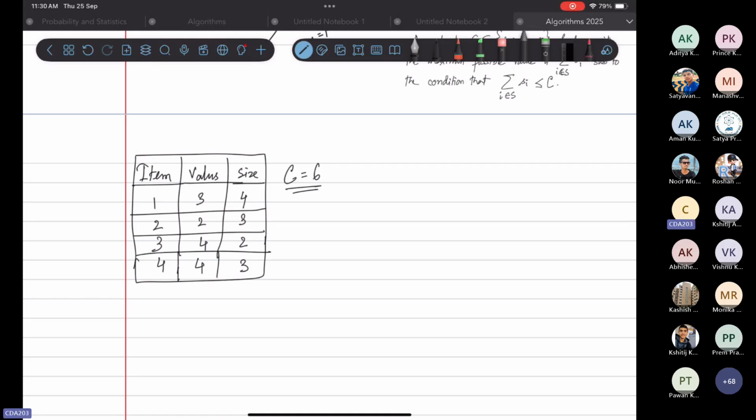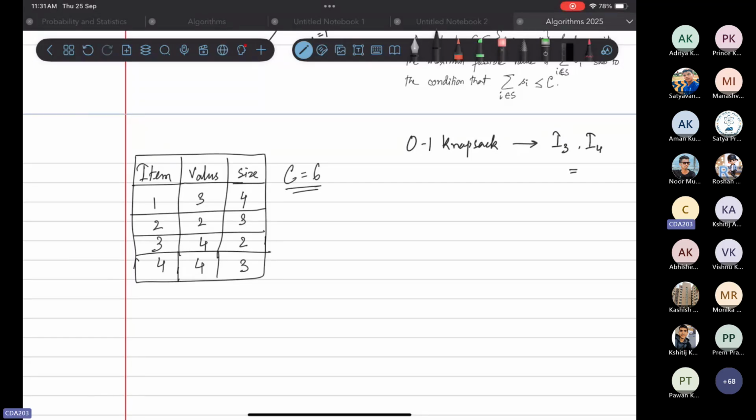If you recall for 0-1 knapsack, what was the solution? The solution was by choosing item 3 and item 4.